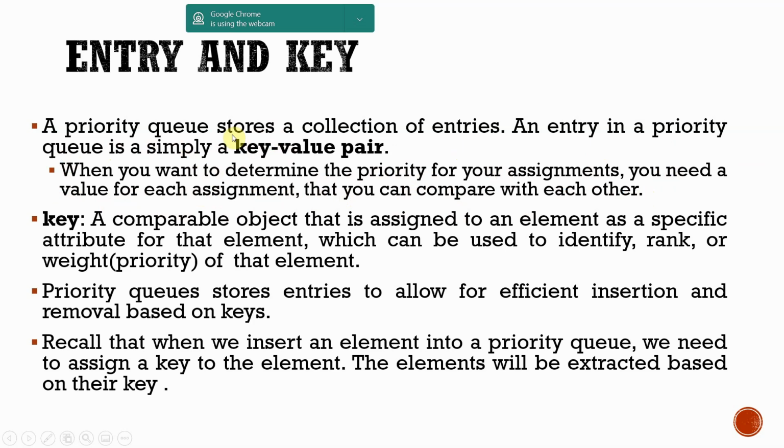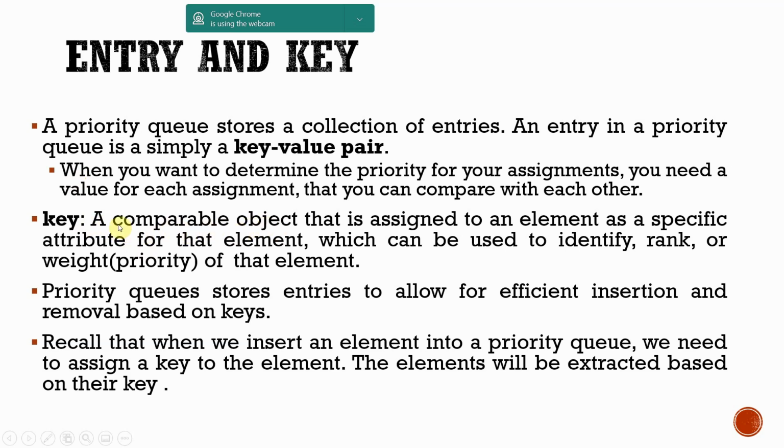So let's say you want to figure out which assignment you should do first, right? So there are multiple factors that you have to consider, and based on all those factors you might give a relative key value or a relative priority to your assignments, right? So that priority is basically called the key. A key is a comparable object.